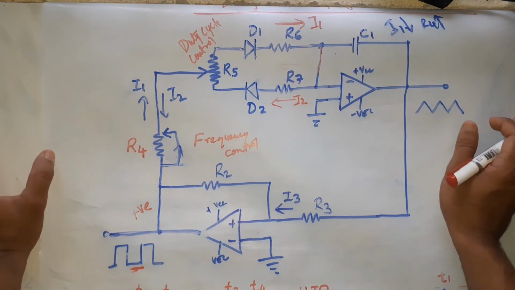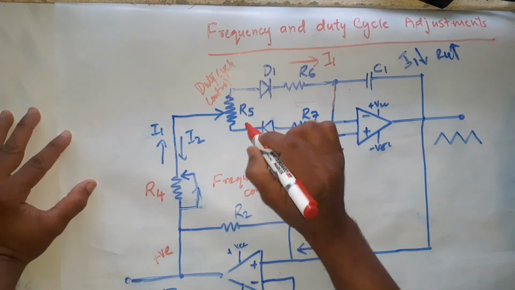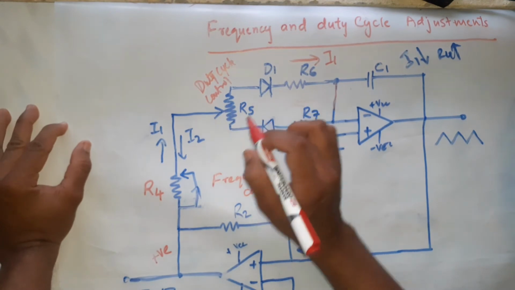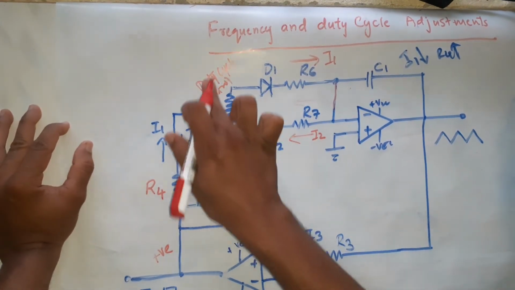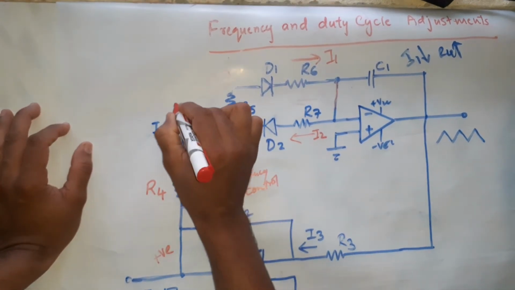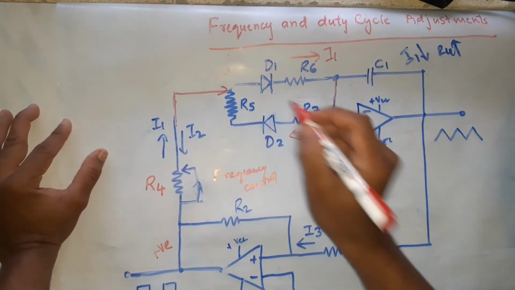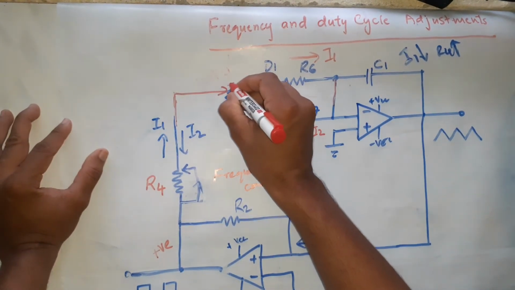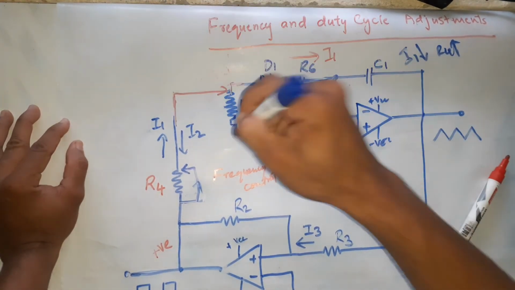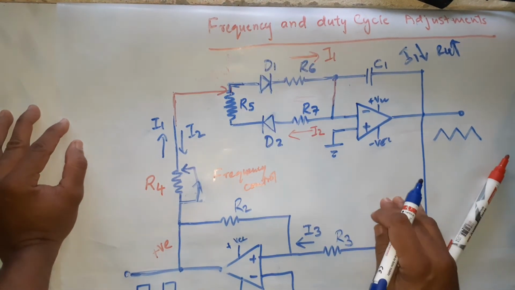Now consider this variable resistor R5, what you are seeing here. If I connect this moving contact on R5 like this, visible? Like this.